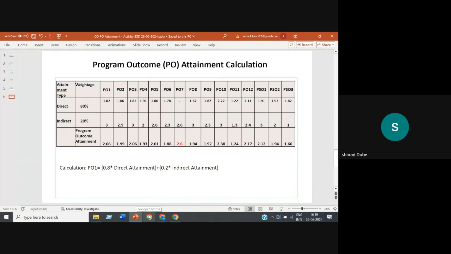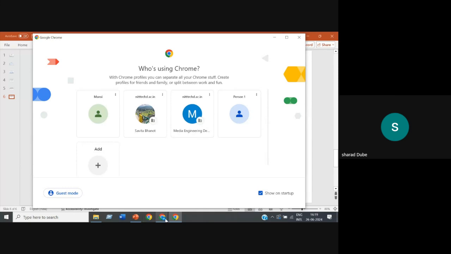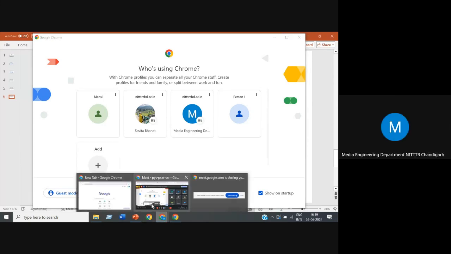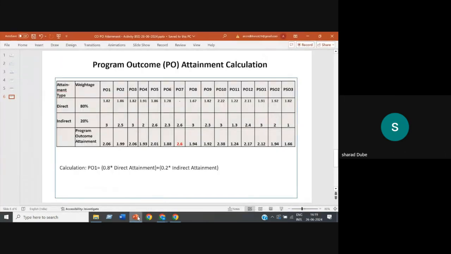I have a doubt, sir. You said PO7, sir. That could not happen, that for a subject there is no attainment. But is the reverse possible, that attainment will be there but the indirect attainment may be zero? No, that is not possible.